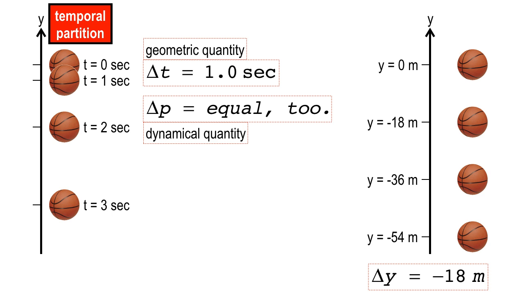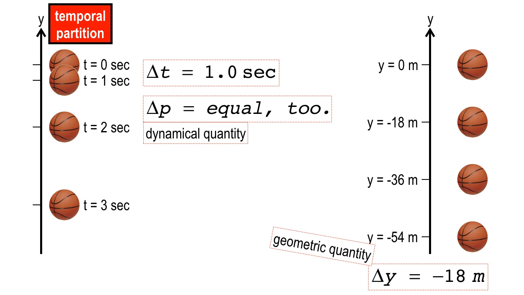Now, the other partition that we started talking about was this one, the free fall trajectory that is now partitioned with delta y. In other words, the different tick marks on my trajectory are based on measurements with meter sticks. And I just chose delta y of 18 meters negative because it's dropping.